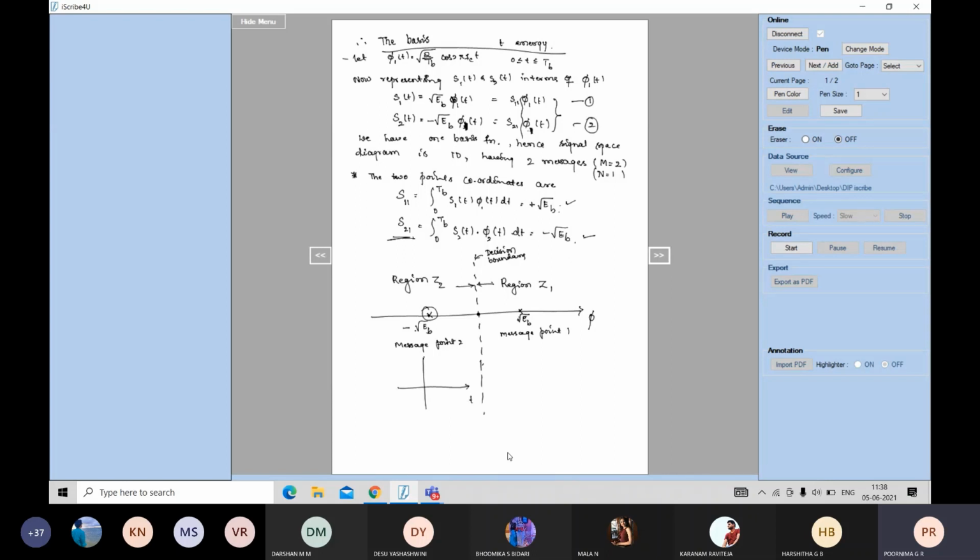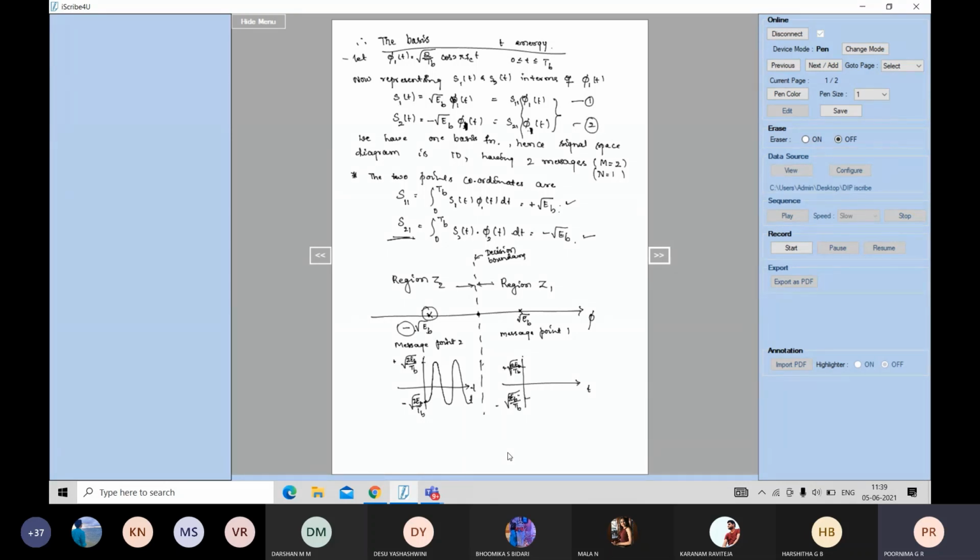Here it will start with minus root EB by TB to plus root EB by TB. Because of the negative sign, it will start with negative and go like this, a cosine wave. Similarly, when you consider message point 2, this is also a cosine wave having plus root EB by TB and minus root EB by TB.